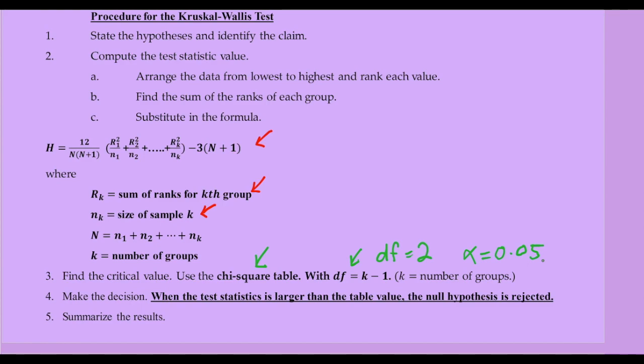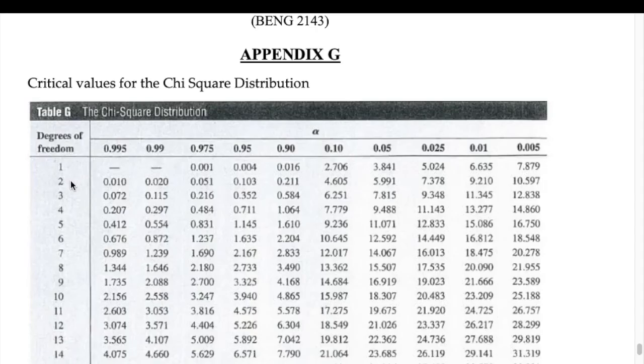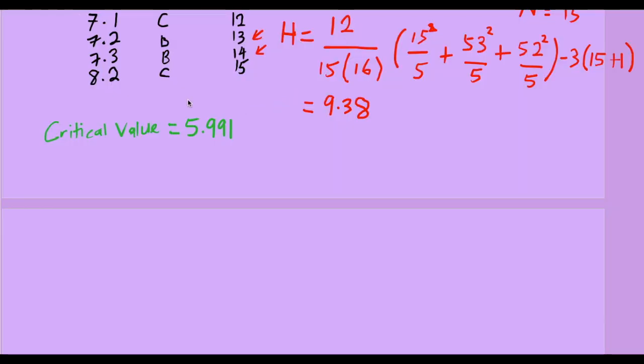So let's check the chi-square table. Okay, so our degrees of freedom is 2 and alpha is 0.05, which means the critical value is 5.991. So this could be found in Appendix G in your final exam. Okay, so our critical value is 5.991.